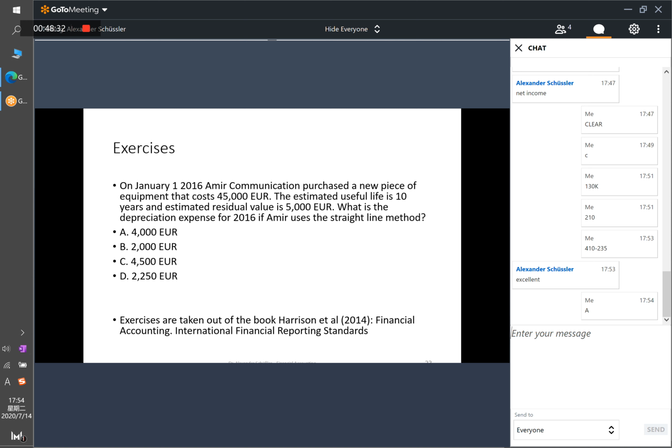Here we have the company Amir Communication, and on January the 1st, 2016, the company purchased a new piece of equipment that costs 45,000. The estimated useful life is 10 years, and estimated residual value is 5,000. What is the depreciation expense for 2016 if Amir uses the straight line?